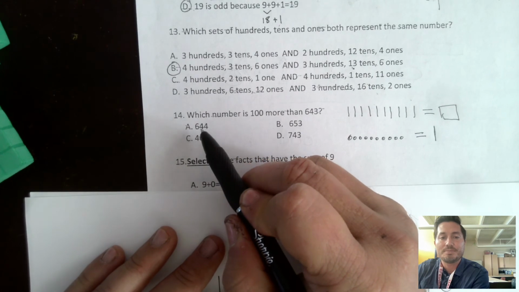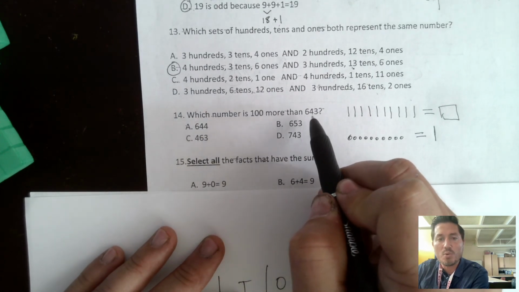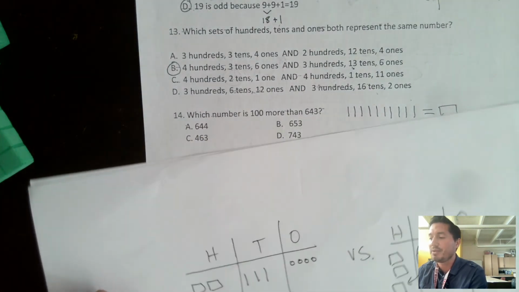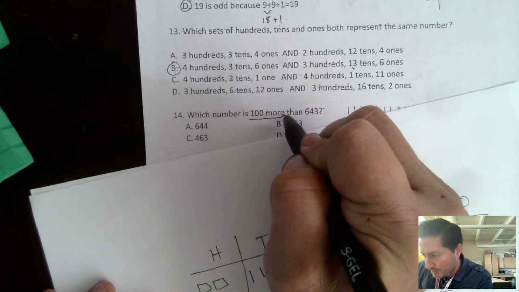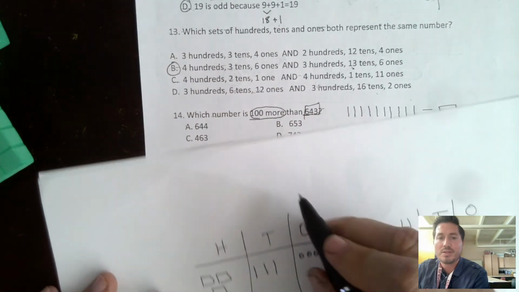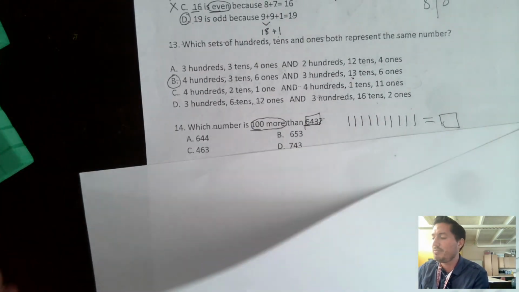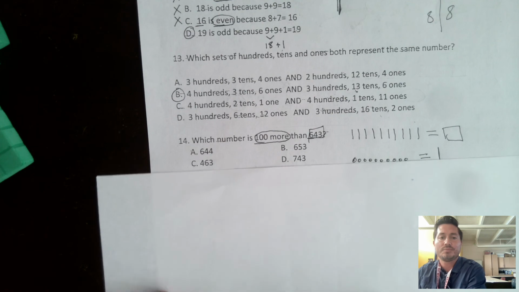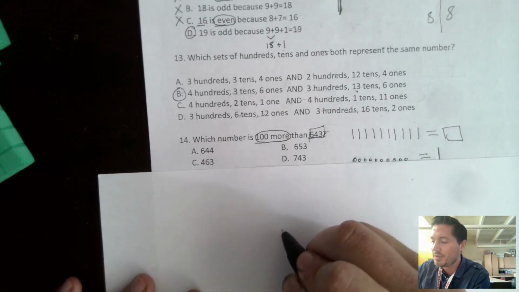Number 14, what's 100 more than 643? I would have them draw out 643.